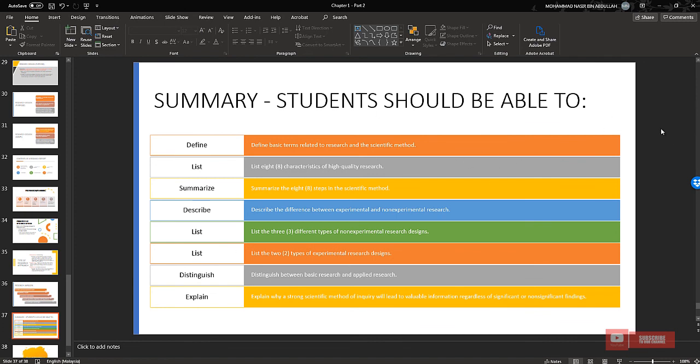I think so far we have finished chapter 1, the introduction of the research. We have gone through a brief introduction of the research, and we have been introduced to some jargons of research, what we call basic terms. So I think that's all.